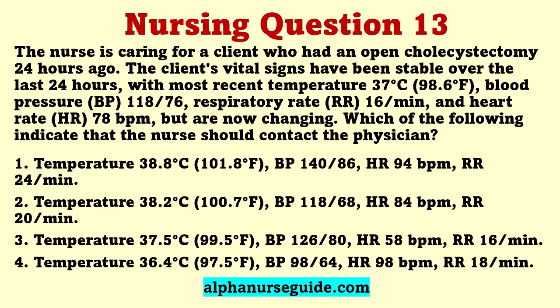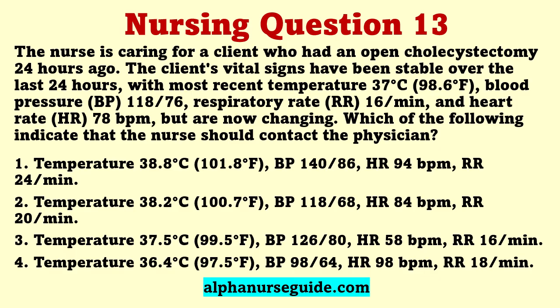Temperature 37.5 degrees Celsius, blood pressure 126/80, heart rate 58 beats per minute, respiratory rate 16 breaths per minute. 4. Temperature 36.4 degrees Celsius, blood pressure 98/64, heart rate 98 beats per minute, respiratory rate 18 breaths per minute.